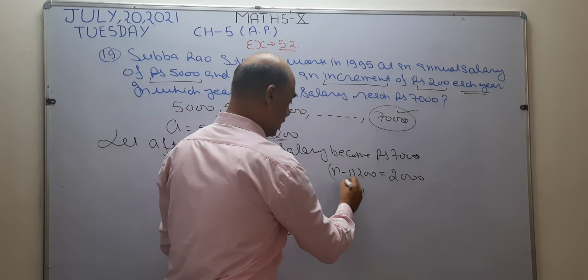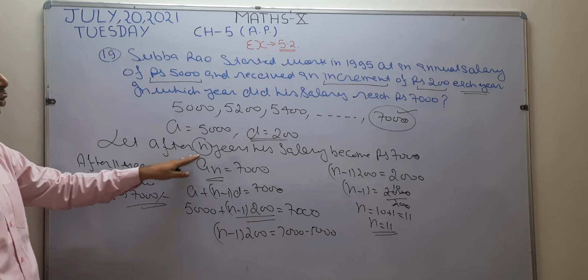So the answer is: after 11 years Subba Rao's salary becomes rupees 7,000. This is the answer to this question. Next, question 20 is the same. You have to solve it like this. I hope it is clear now.